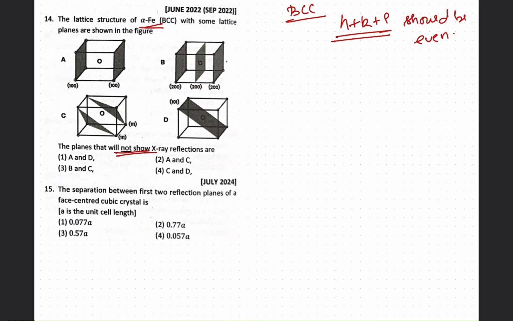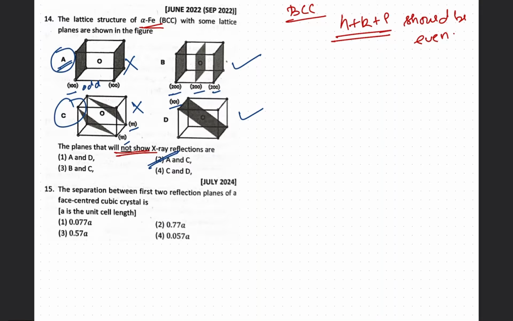Starting with option A, 1, the sum is odd, so this is not allowed. Here even, yes. Here odd, not. Here even, yes. But they have asked about which will not show, so obviously A and C will not show, so the correct answer will be 2.